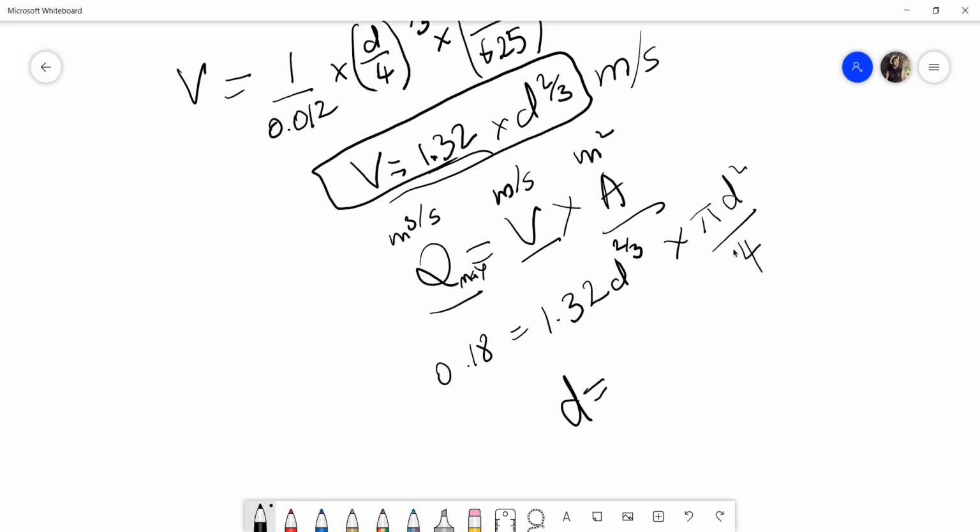So find out the D value. How much will be the diameter of the circular cross section?